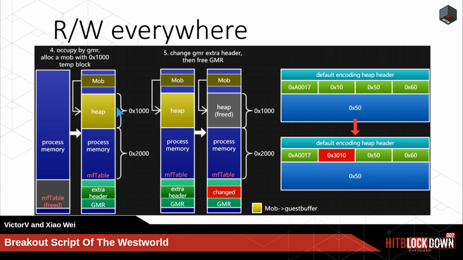Fourth, we allocate a GMR buffer to occupy the freed MF table. Then we allocate a mob with a 4K heap. With our heap control, the heap layout should look like this. Then we change the MKS header from this to this.